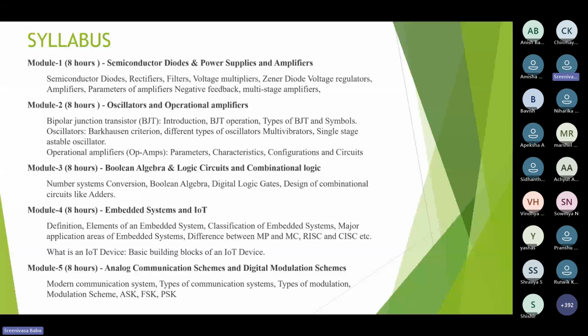Examples are washing machine, refrigerator, air conditioner. We'll be discussing embedded systems in module 4: the different types of embedded systems, and the major areas of application where we use them.